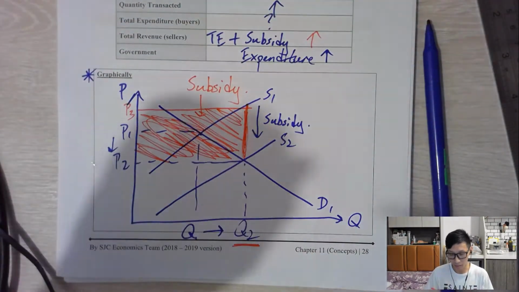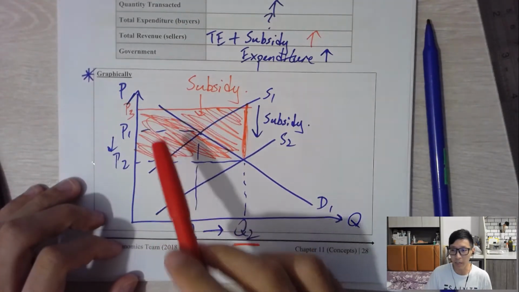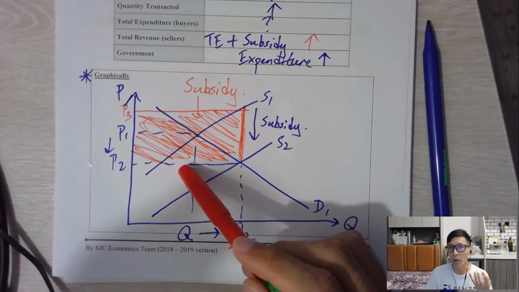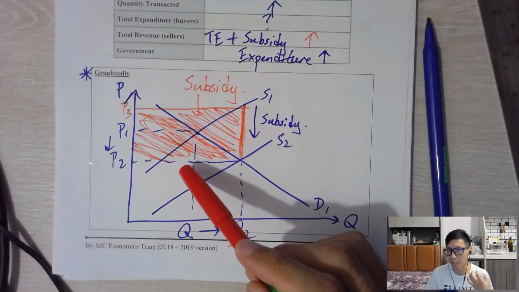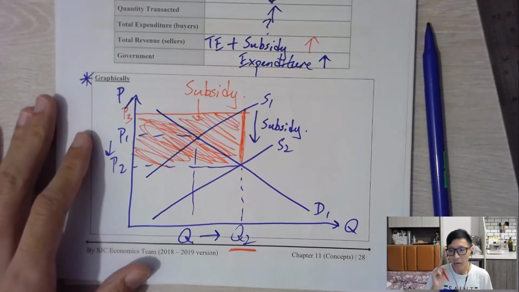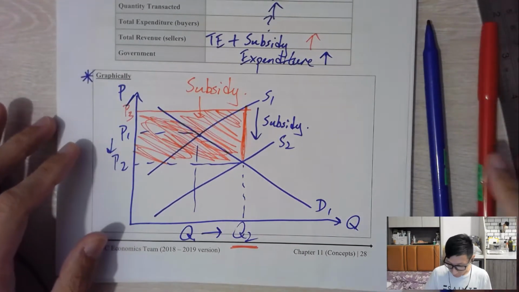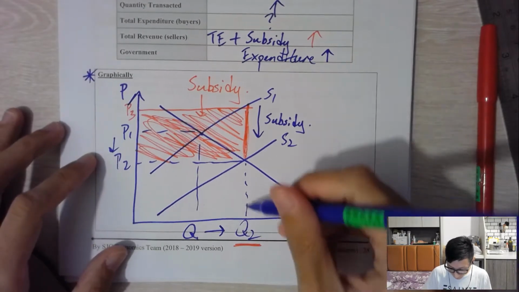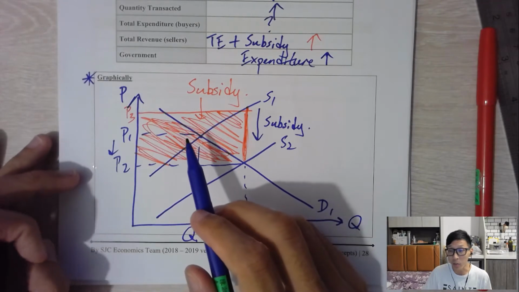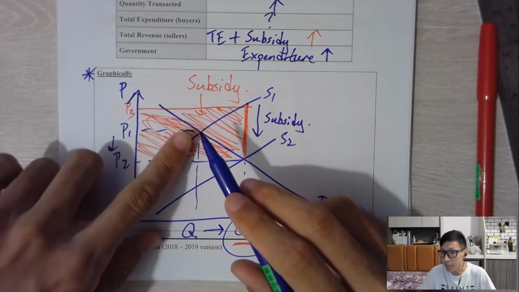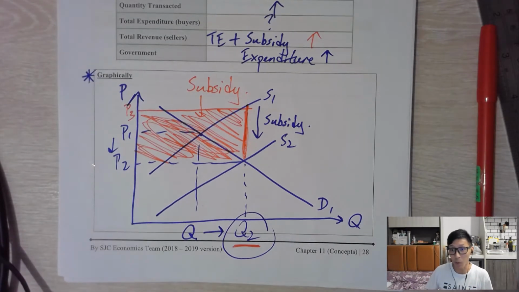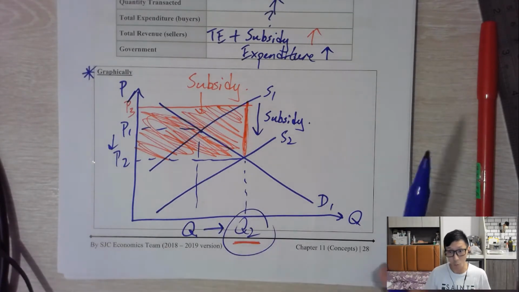Obviously, we are going to break it down very soon in the next video into consumer subsidy benefits and producer subsidy benefits, but let's leave it for now. It looks tricky because this time things actually go beyond Q1. It goes beyond the intersection point, which looks ugly, but it is correct.